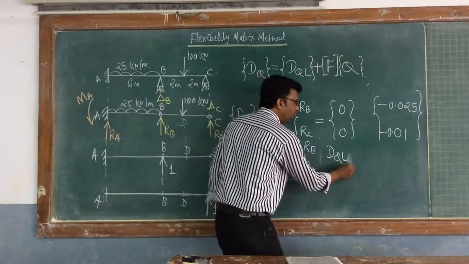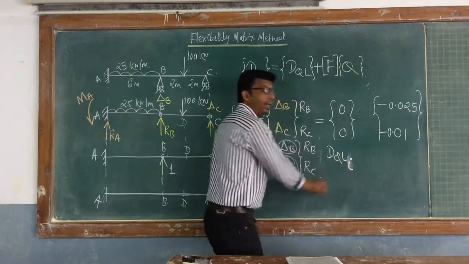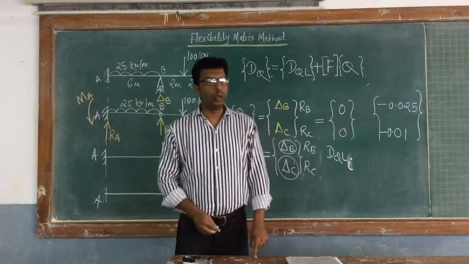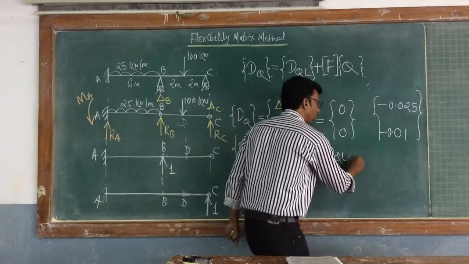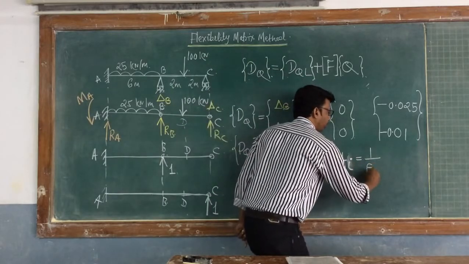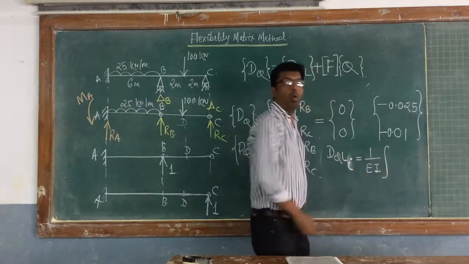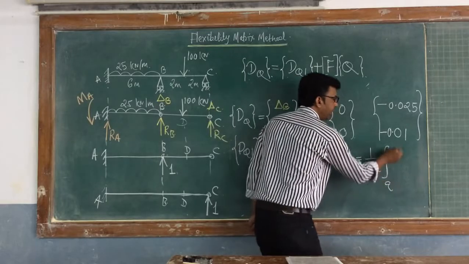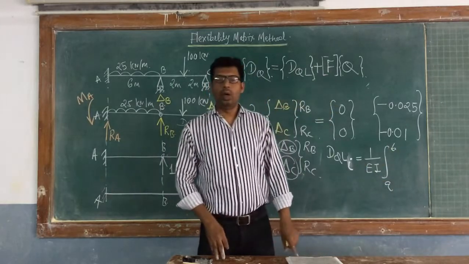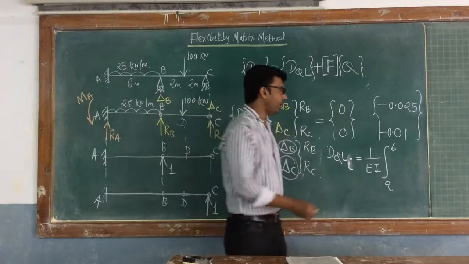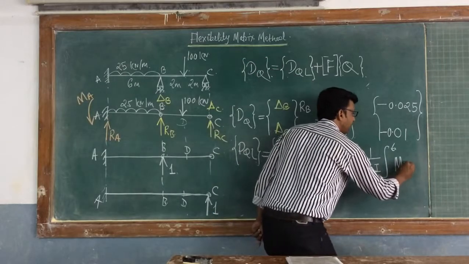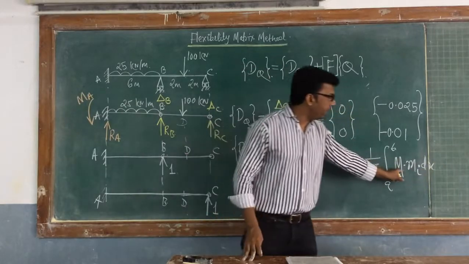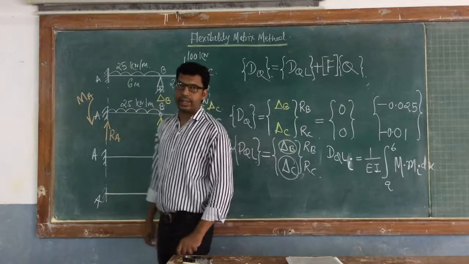So dql subscript i, where i is either 1 or 2, is equal to 1 upon EI, outside the integration over the limits, lower limit A, upper limit B, capital M into mi into dx, right?